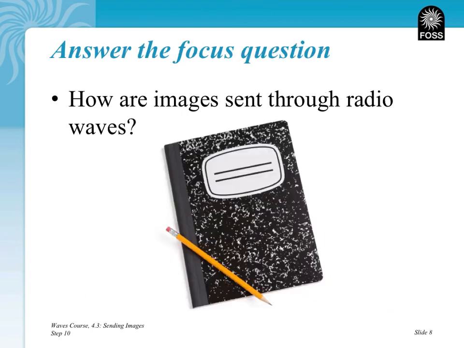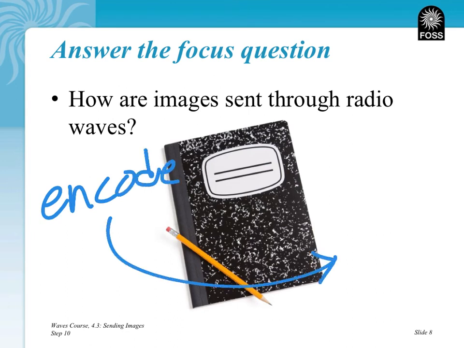All right. So going back to our focus question again, how are images sent through radio waves? Again, we have to encode the information, and then decode the information. It's the same thing we did with our AM and FM and shortwave and all those other kinds of things. We encode the information first.